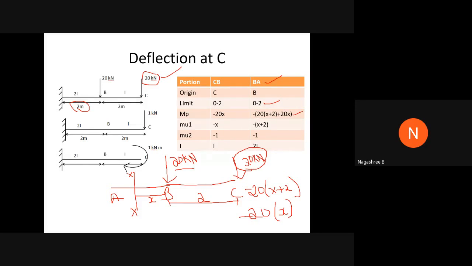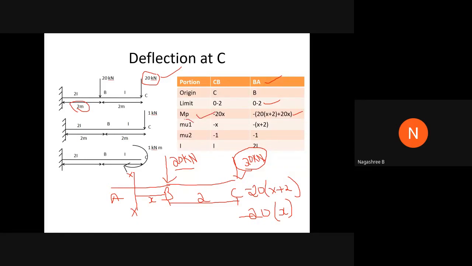Is this point clear, all of you? Shall I proceed? Yes, ma'am. So this is all about computing MP for the BA part.